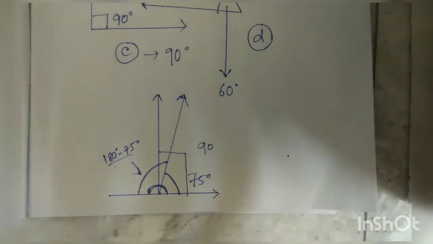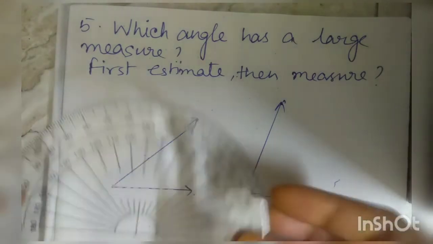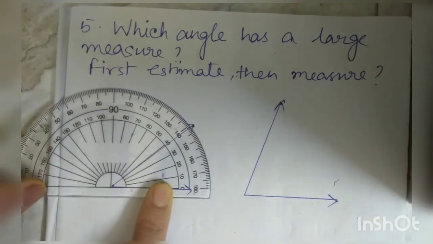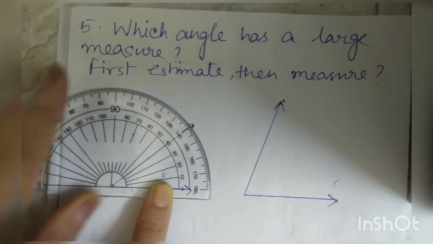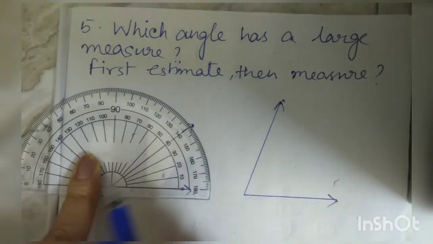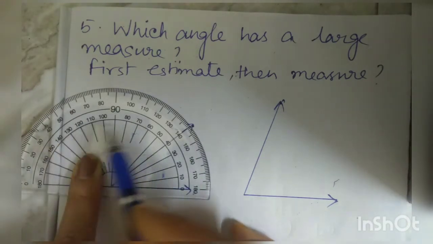Now let's come to the next question. Now in question number 5 it is written, which angle has a large measure? Now as I said, first we have to place the protractor here. In this way we have placed it. Okay, then what we have to do, we have to check which line this other ray is coinciding with, and also on the lower side we will check.